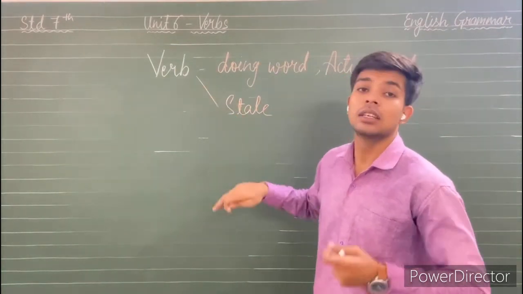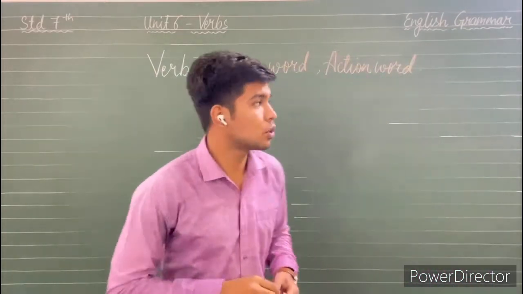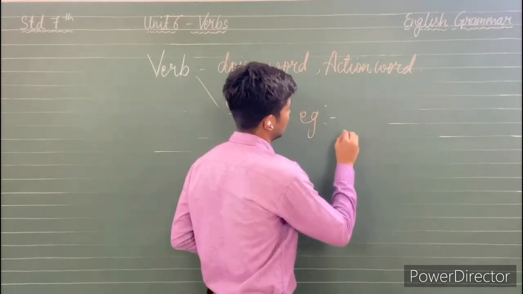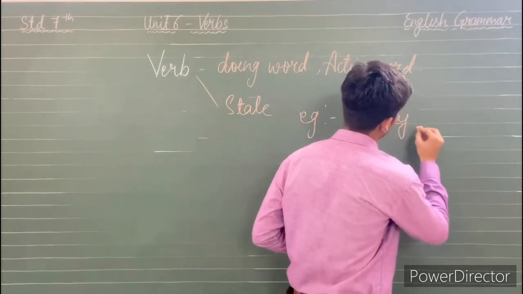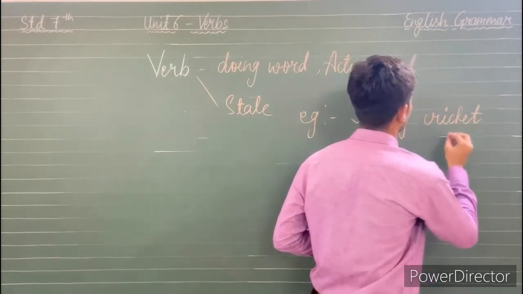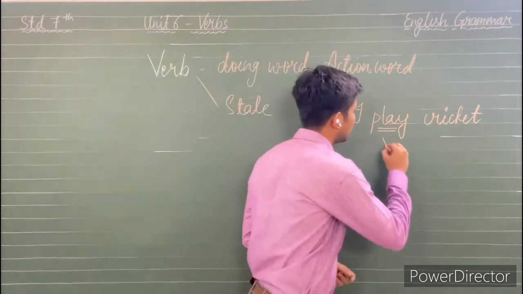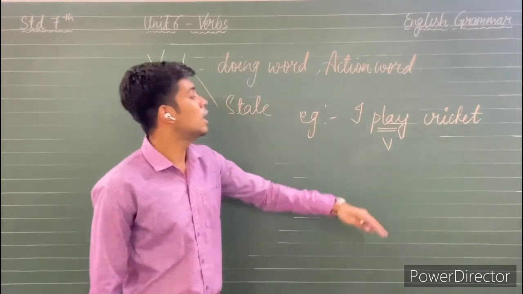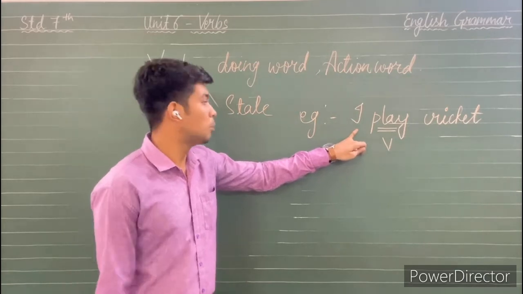Now we will take some examples of action and state. So if I say, I play cricket, here play is the verb of the sentence because it describes the action of the noun or pronoun.